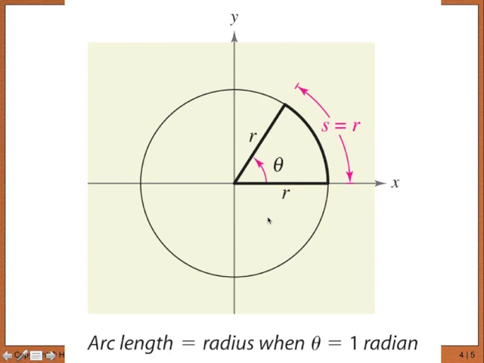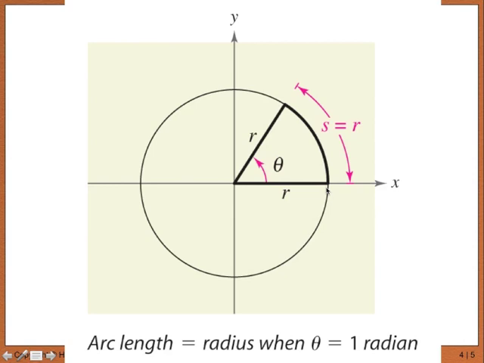There are many different ways that you can express that, but the most important thing for you to do on this screen is to observe this little pi wedge and understand it. For this little pi wedge of radius r, the arc length s is equal to the radius r.